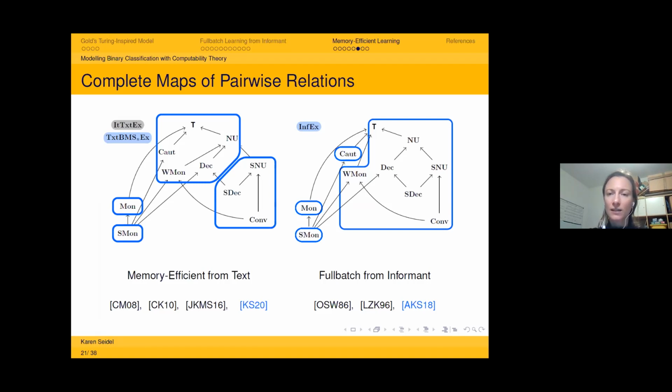And I have not said what text learning is. Text learning is the setting where you learn from solely positive information. So in contrast to seeing more and more data points that are labeled positively or negatively, you only receive a stream of the positively labeled data and possibly pause symbols.